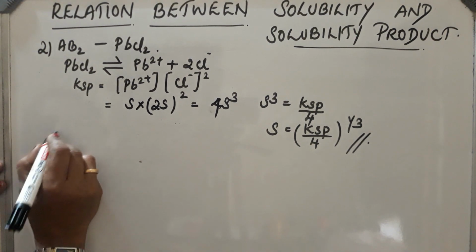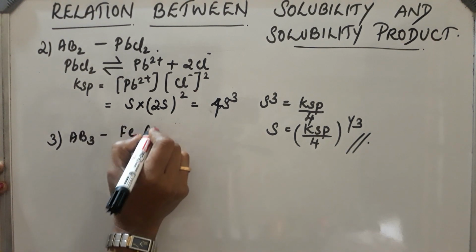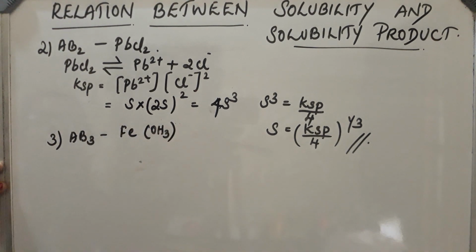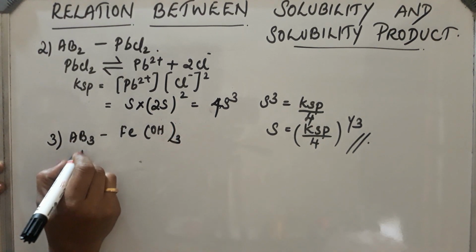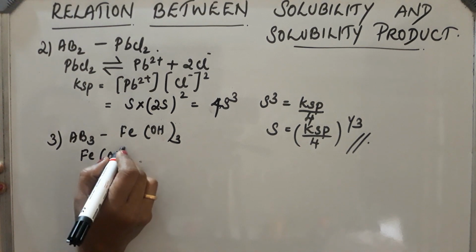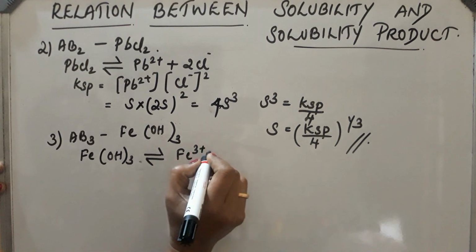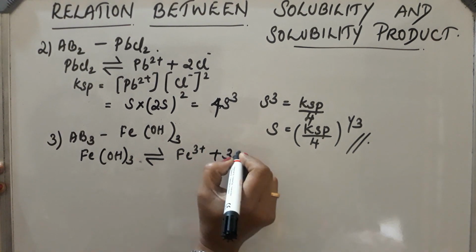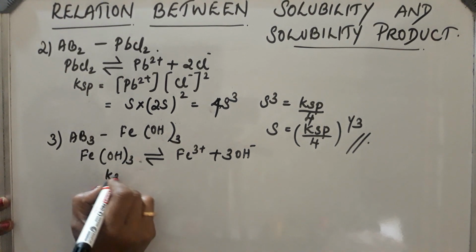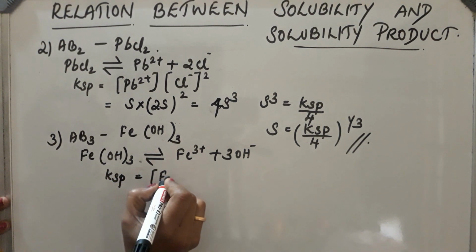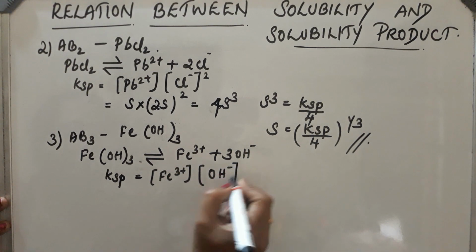Now the third type, AB3 type. An example is Fe(OH)3. Fe(OH)3 ionizes as Fe3 plus and 3OH minus. So what will be KSP? The solubility product is the concentration of Fe3 plus times OH minus whole cube.